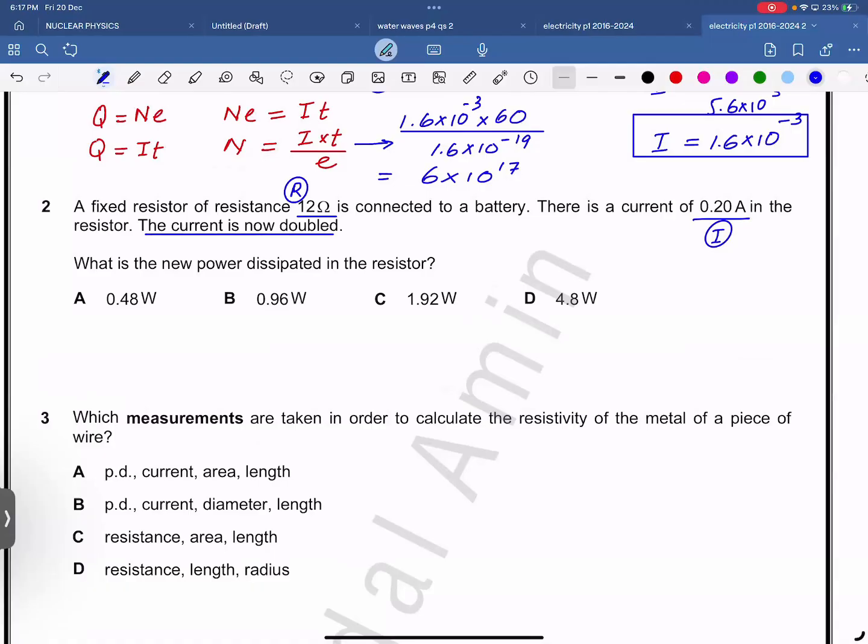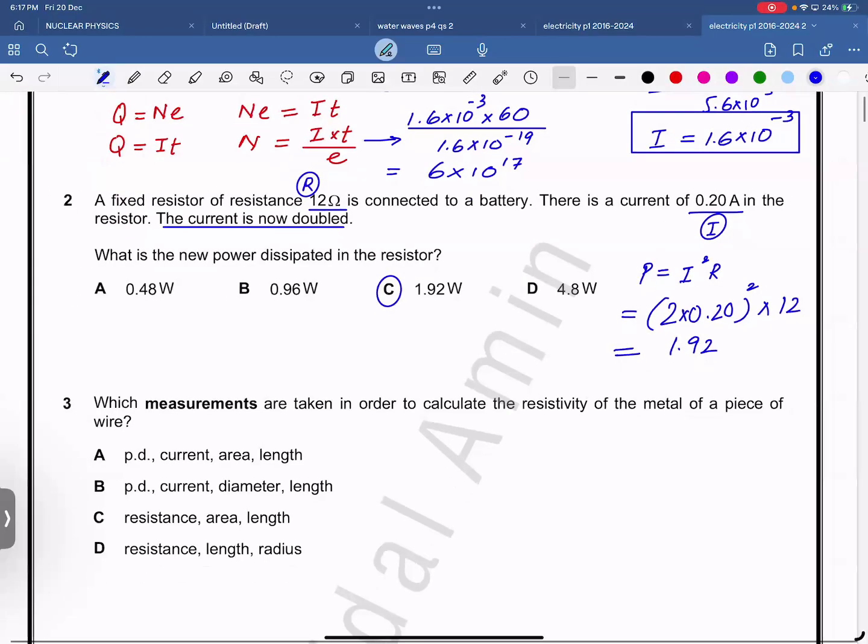Current is doubled. What is the new power? Very easy, lower order of thinking question. Okay, power is equals to I square R. Current is doubled, 2 times 0.20 square times the resistance. The answer is 1.92. This is easy question. This is called lower order of thinking question.